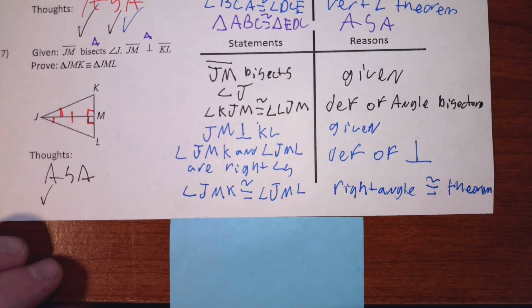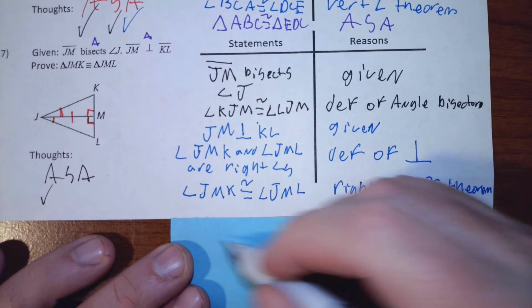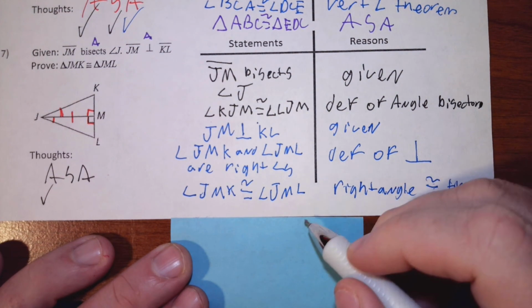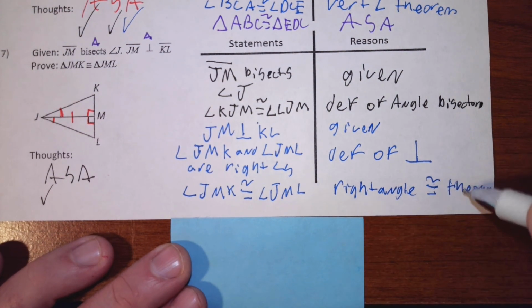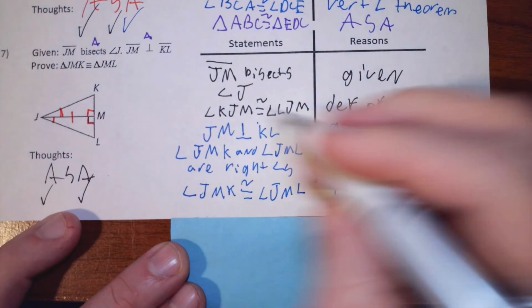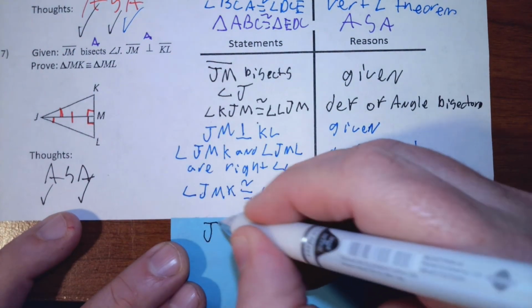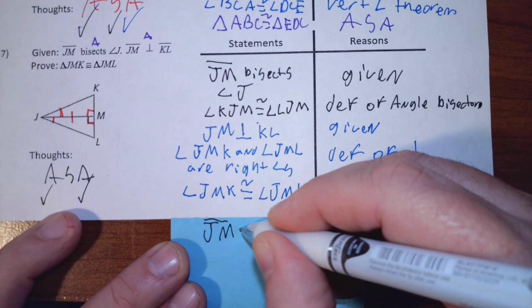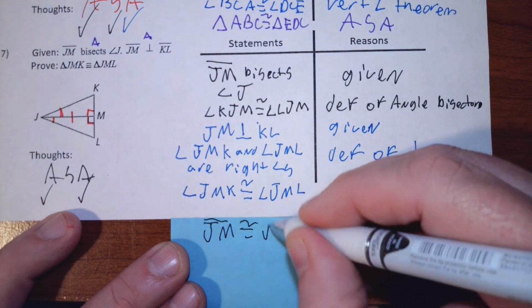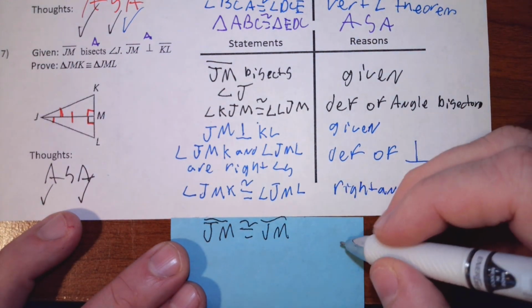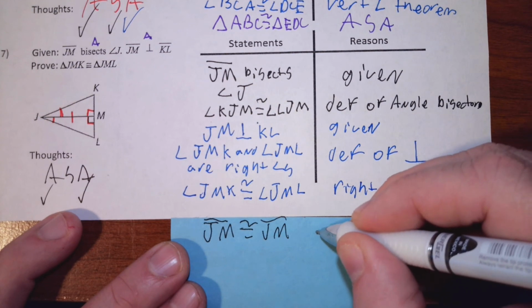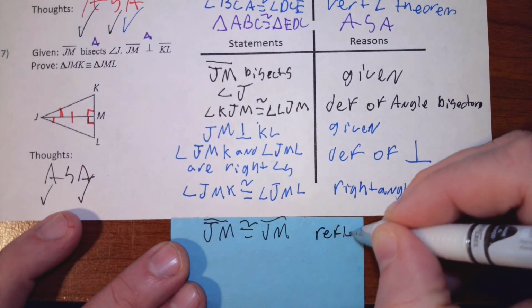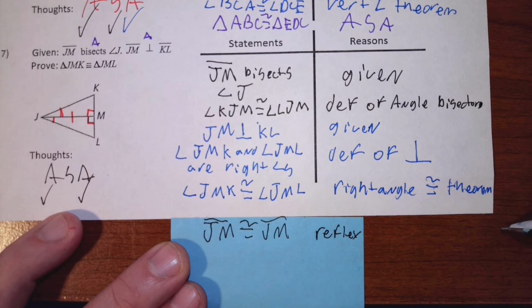Okay, so now we have to change. Blue on blue doesn't work very well, so I'm out of room on this one. So what did we just prove here? We got another angle, and now we need a side, JM. So JM is congruent to JM, and that is the reflexive property.